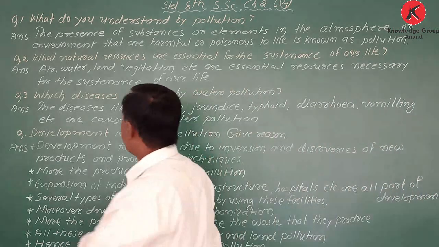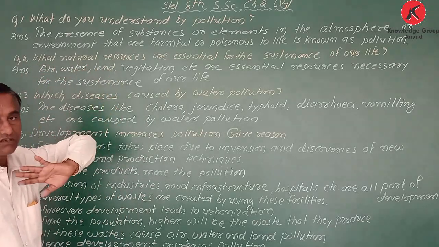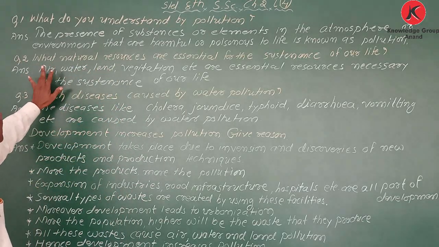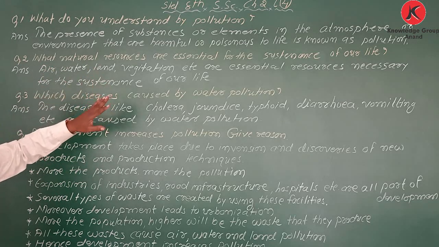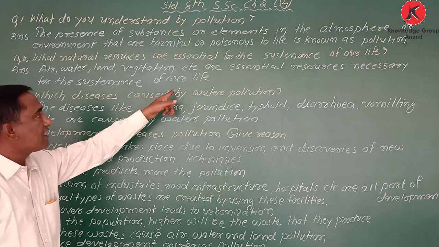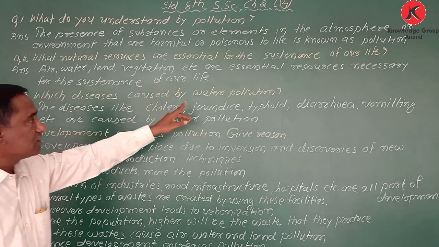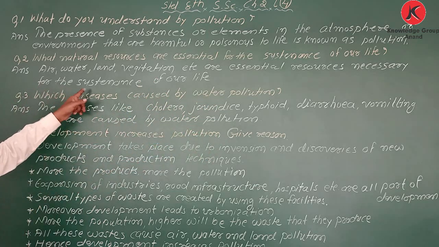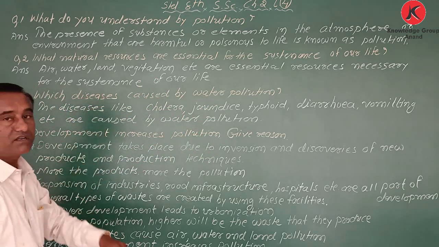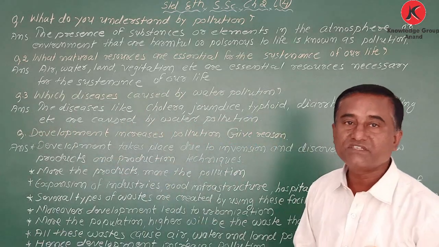Most essential are air, water and vegetation. So air, water, land and vegetation are essential natural resources necessary for the sustenance of our life.